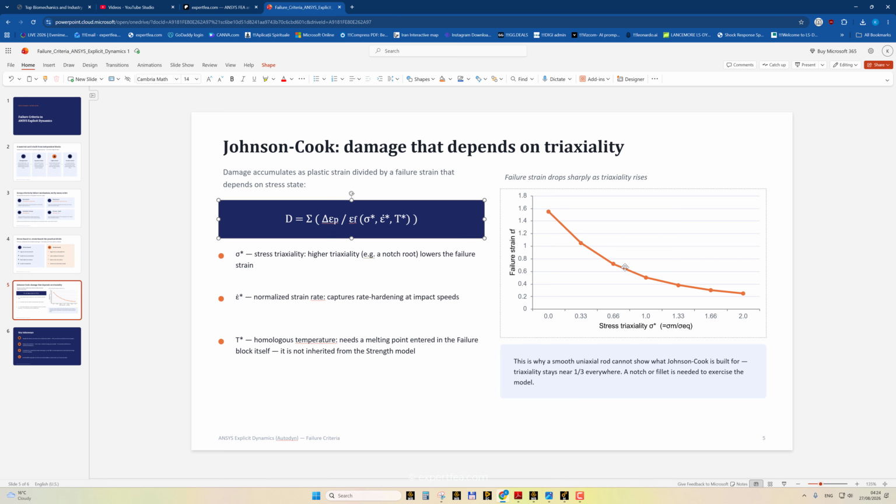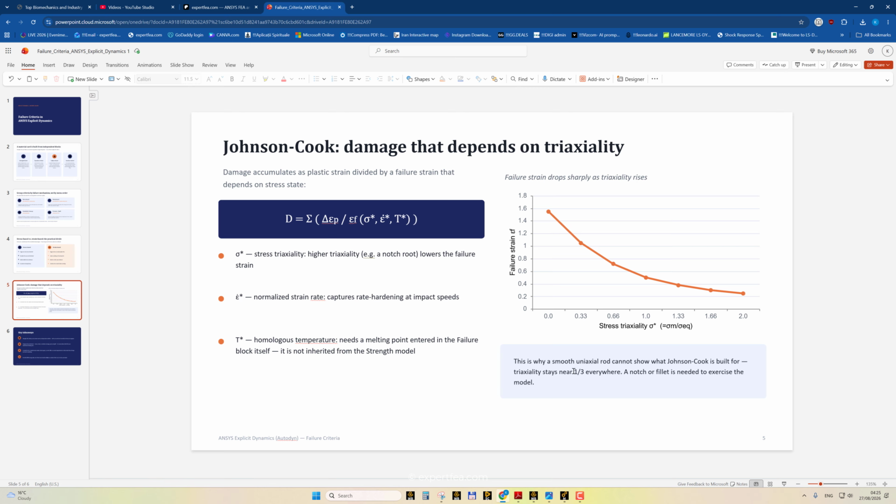This is the failure strain, which decreases when we increase the stress triaxiality. You can see here, sigma m is the hydrostatic pressure over sigma equivalent, which is the von Mises stress. And here, the value 0.3, you can see it here.